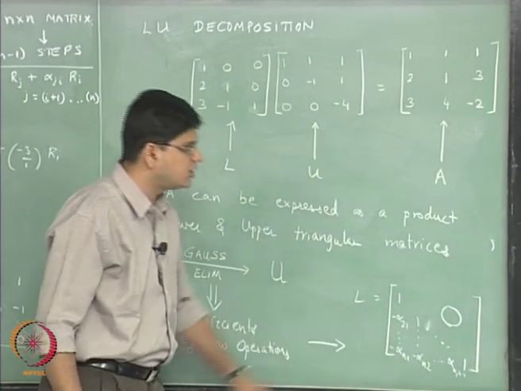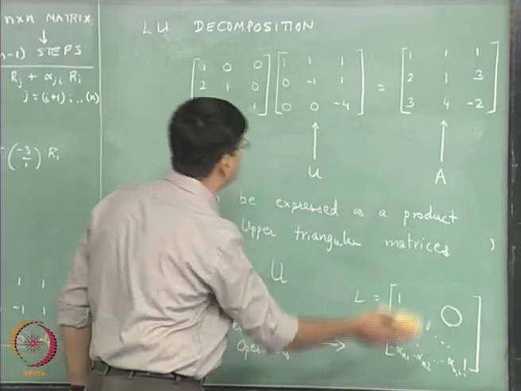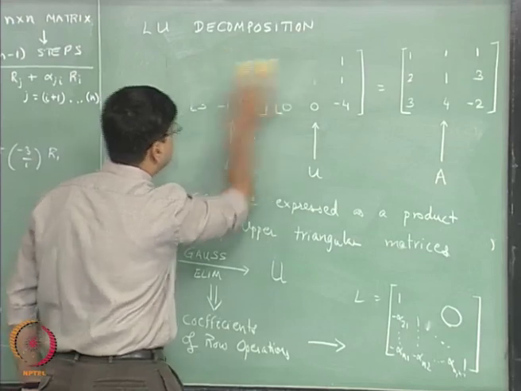Okay. This is what our lower triangular matrix is going to be. I will rewrite this lower triangular matrix over here in a more general form.